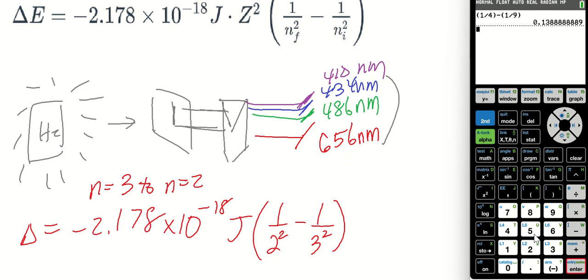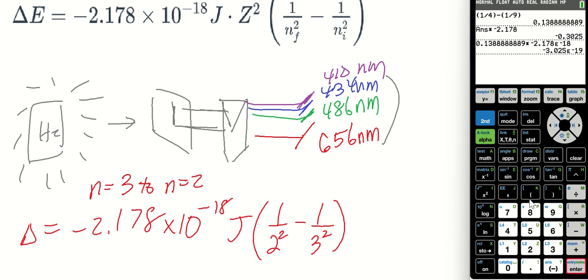We're going to multiply that by negative 2.178 times 10 to the negative 18.